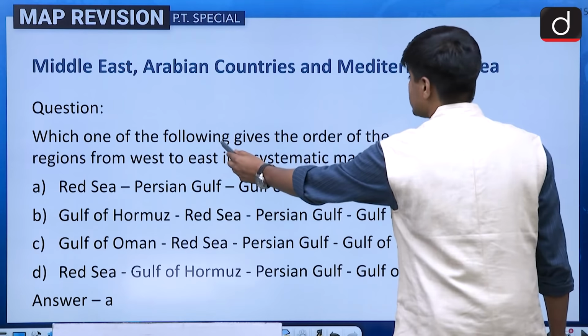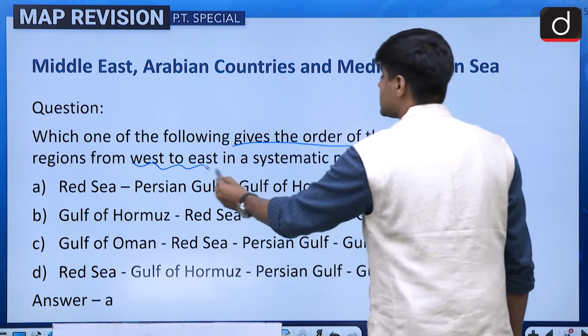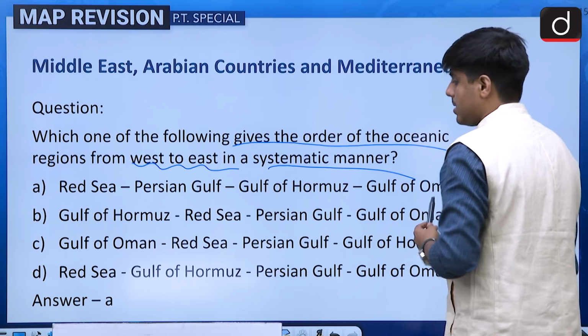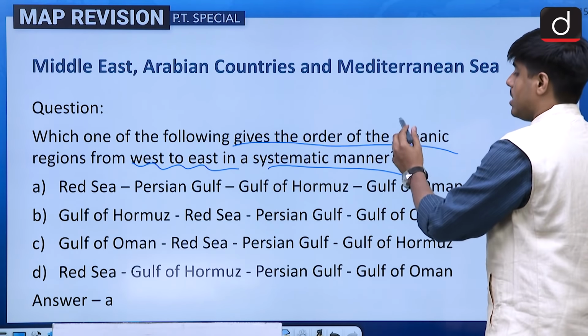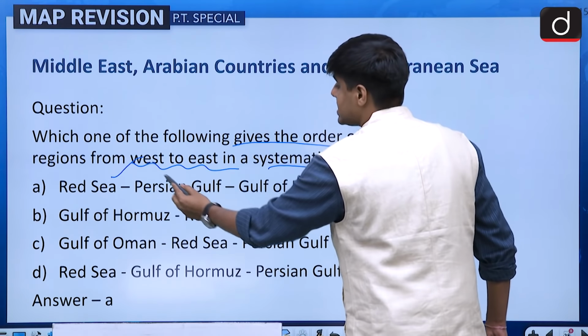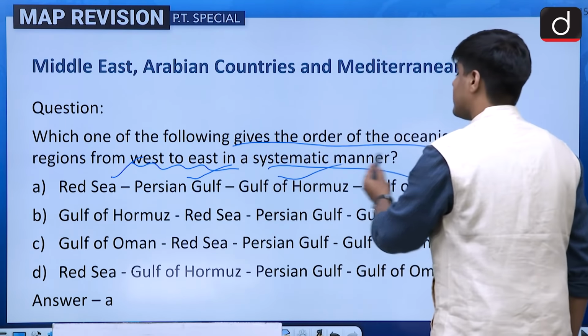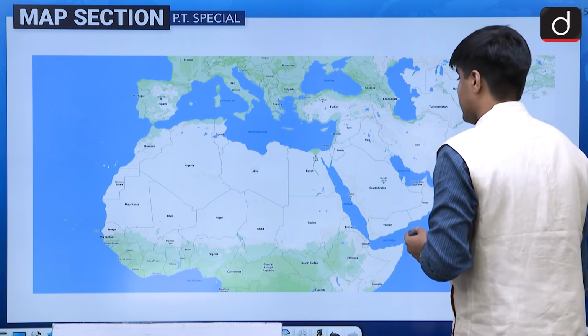Moving on further: which of the following gives the order of the oceanic regions from west to east in a systematic manner? Again, there are certain water bodies mentioned here: Red Sea, Persian Gulf, Gulf of Hormuz, and Gulf of Oman. Let us have a look at the map.